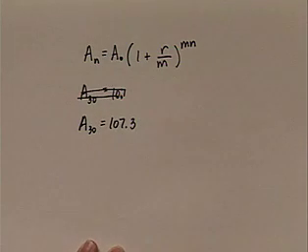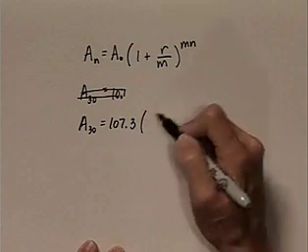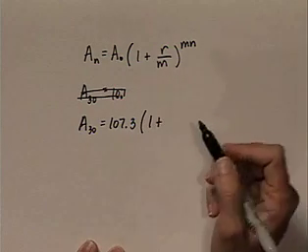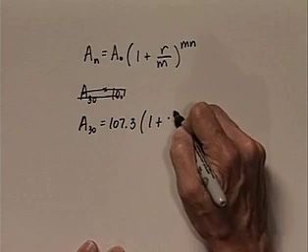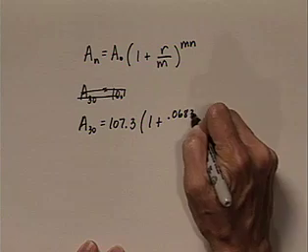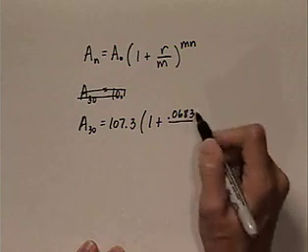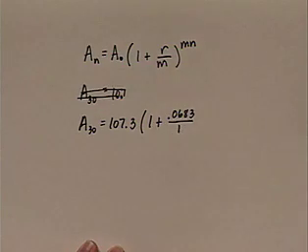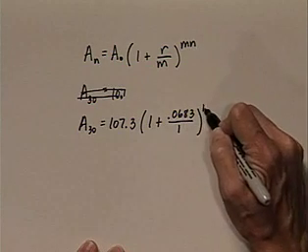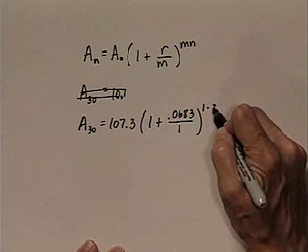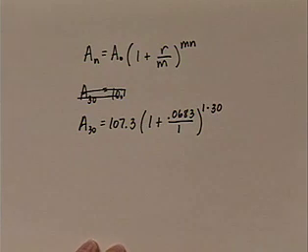We have to keep in mind that our money is in billions. Our interest rate is 6.83%. Now I need to use that as a decimal, 0.0683. And we're going to compound that annually, so m is 1. And the number of years is 30.